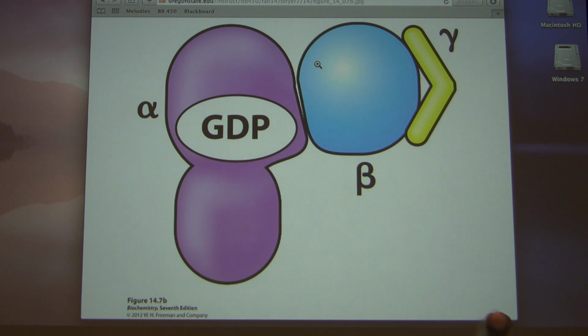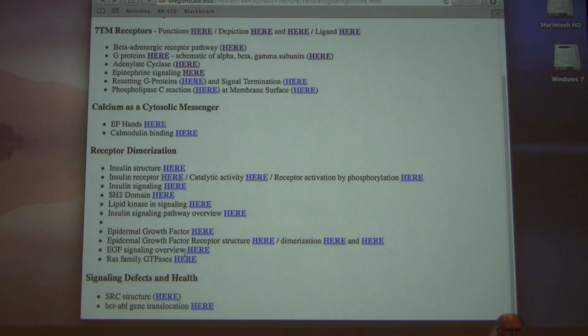And so it's the combination of the loading of the GTP and the release of the beta and gamma subunits that allow the alpha subunit bound to GTP to connect to the adenylate cyclase and favor the synthesis of cyclic AMP. As I mentioned last time, the G proteins are bad enzymes, in the sense that they're inefficient, and their inefficiency helps them to turn themselves off. And as we'll see later today, the inability to turn themselves off at times can cause some major problems. So that's important to keep in mind.